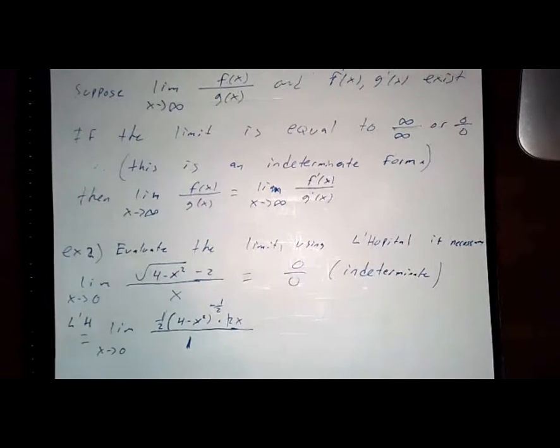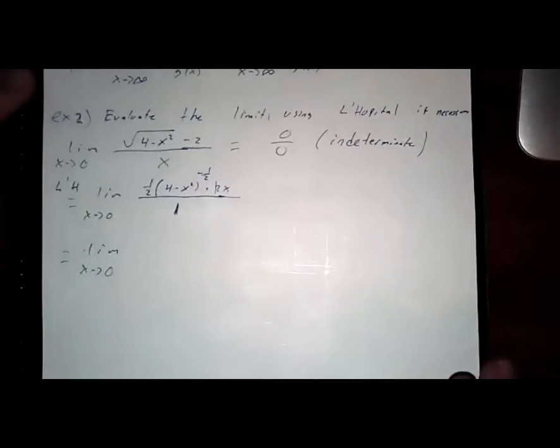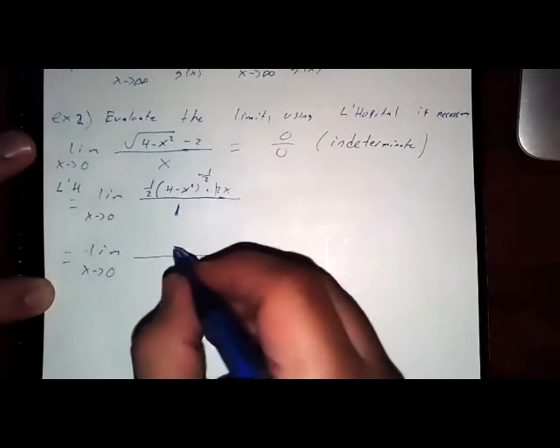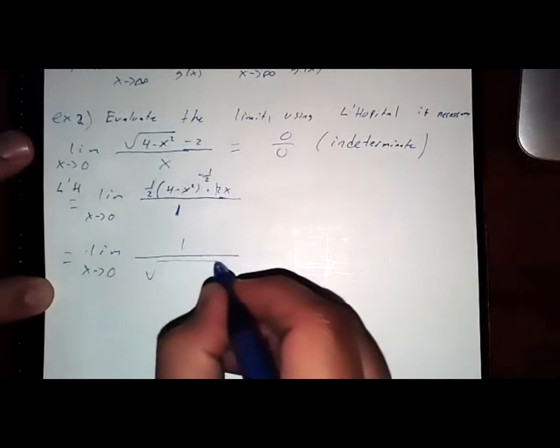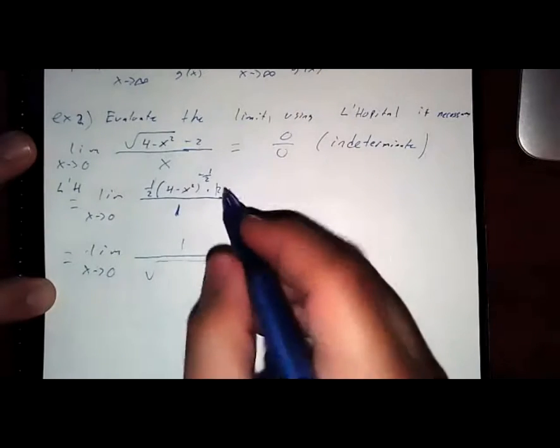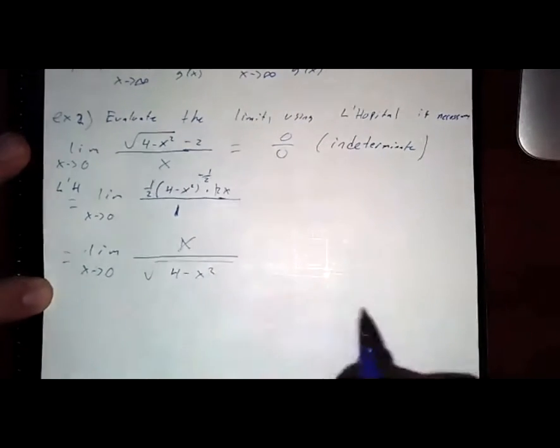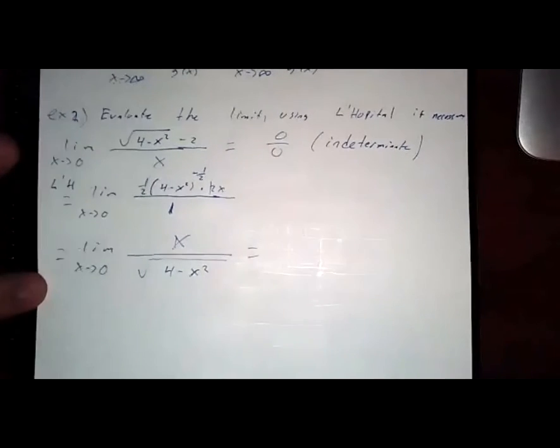So the limit as x approaches 0, I can bring that down, right? So that would be the square root. That x stays, 4 minus x squared. Can I take the limit now?